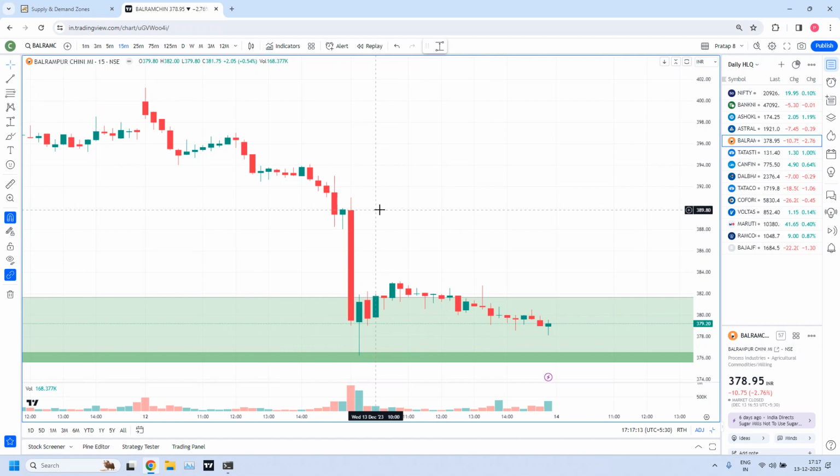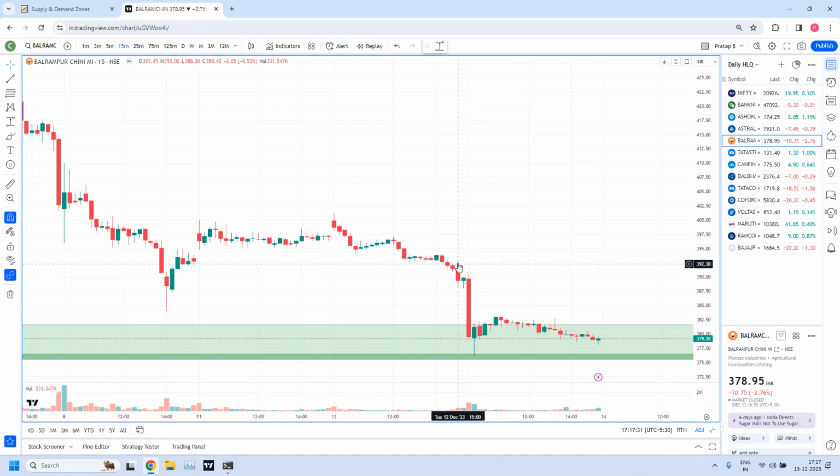But the only problem is the prices were not able to move up to this 15 minutes area from this demand zone. The reason is that today the supply is also very strong. See all these candles.